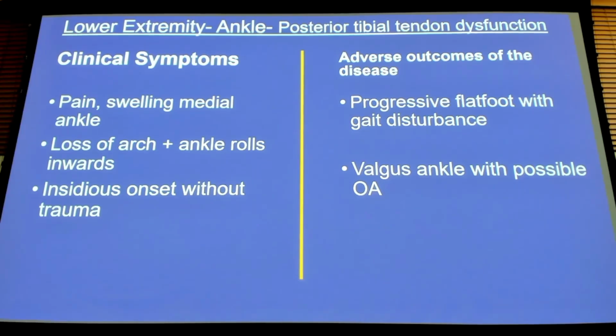In the face of trauma, it's pretty obvious. When there is no trauma, then you have to consider if something else is going on. If you don't treat this, then you have a persistent abnormal gait, and of course all of this turns into potential osteoarthritis, right?